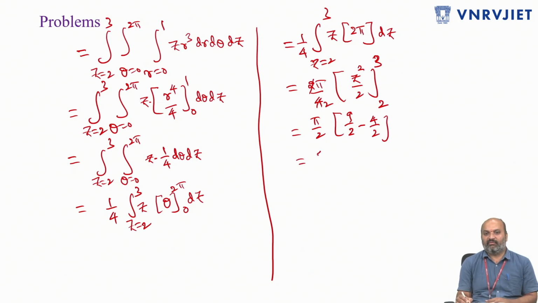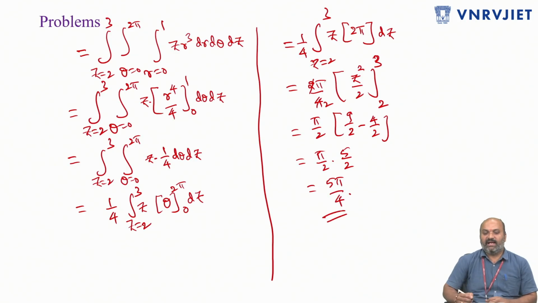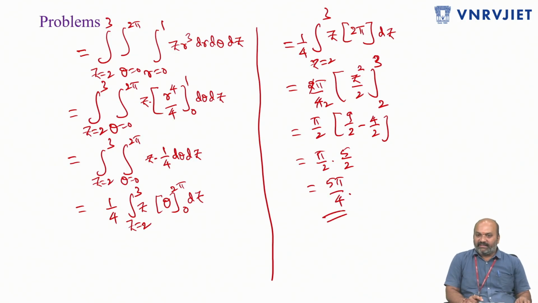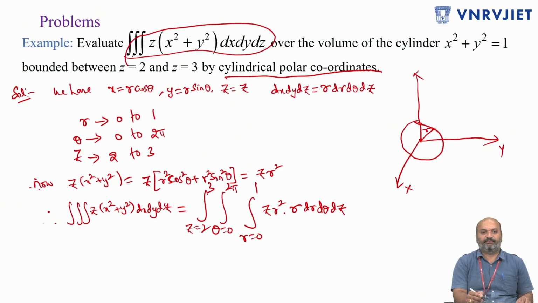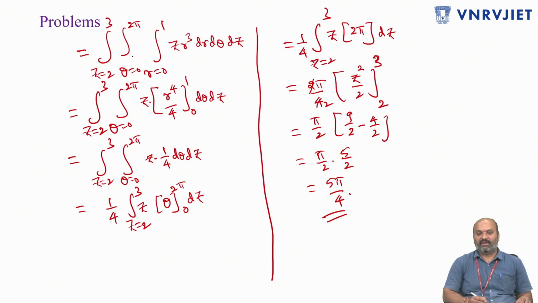That equals pi by 2 into 9 minus 4, it is 5 by 2. That equals 5 pi by 4. So this is the value of the integral by applying cylindrical polar coordinates. By transforming this integral into cylindrical polar coordinates and evaluating, we obtained 5 pi by 4.